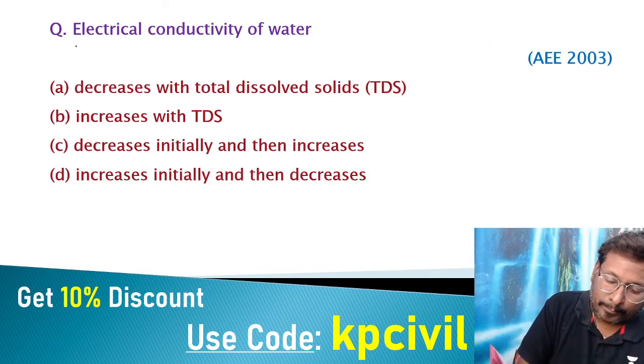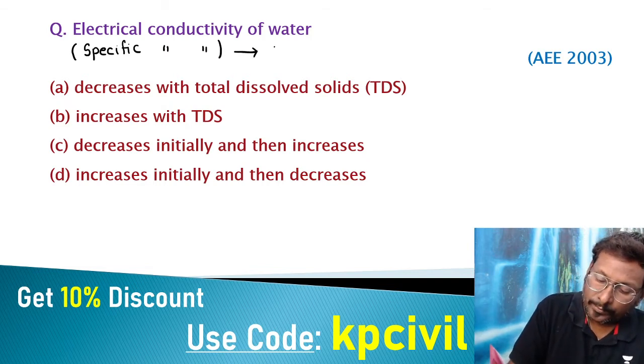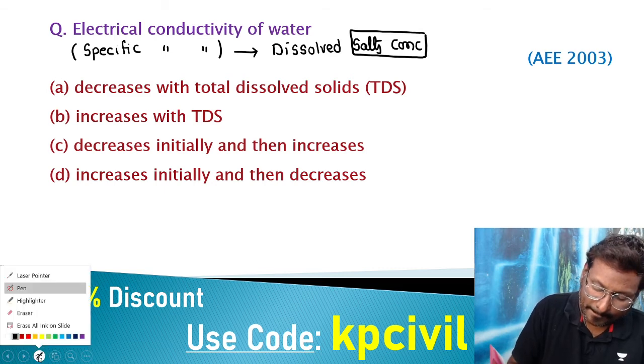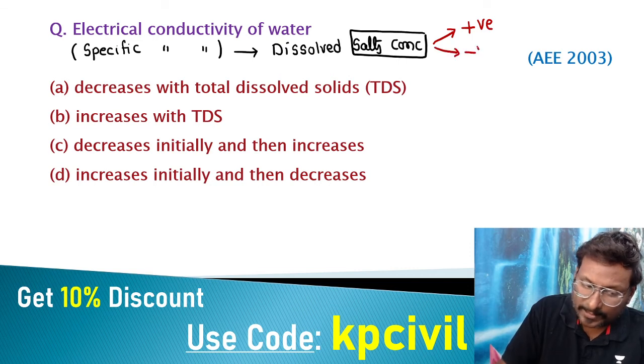Electrical conductivity. We studied this as the specific conductivity of water to find the dissolved salts concentration, because these salts consist of positive and negative ions.